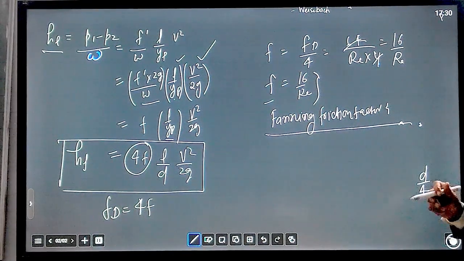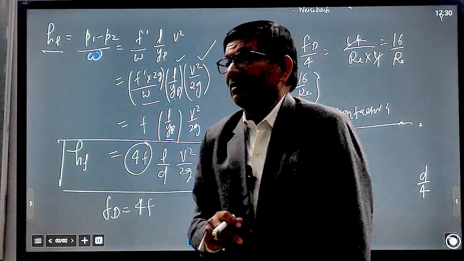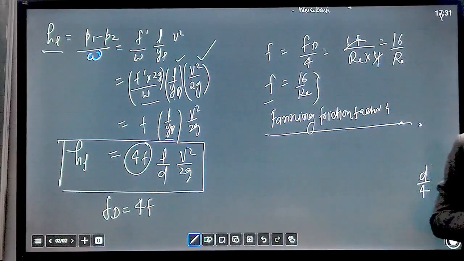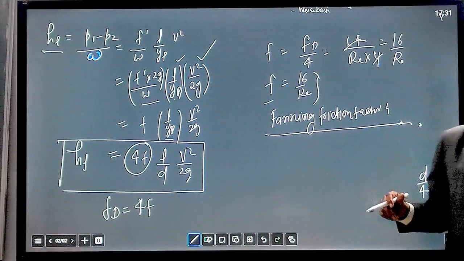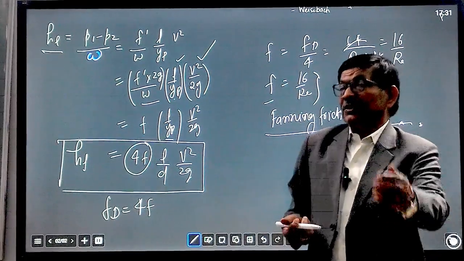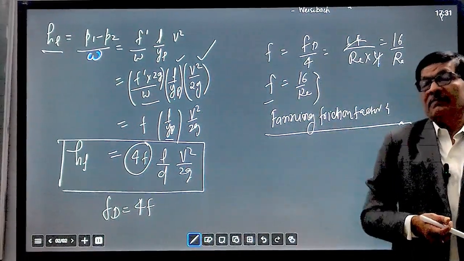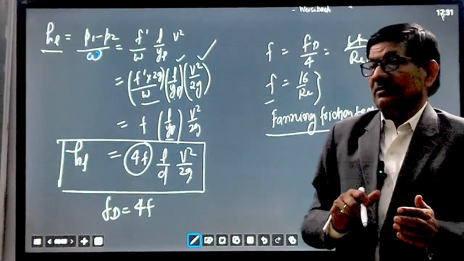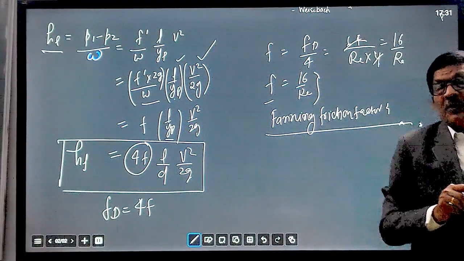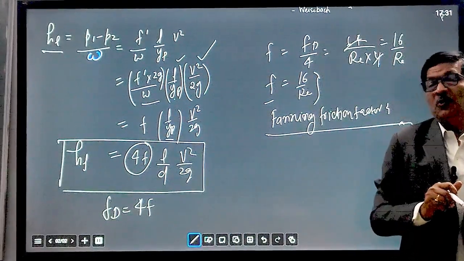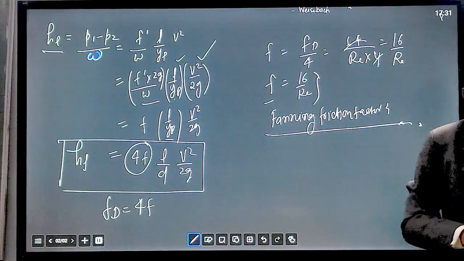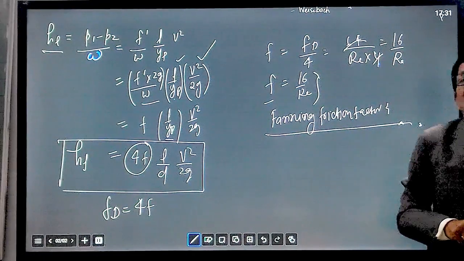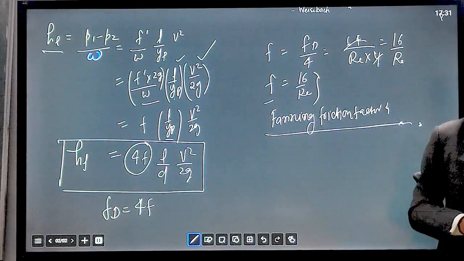So this is a very important equation for all competitive examinations, because you have to find out the frictional head loss. All engineering calculations of head loss matter, because we have to calculate the head loss for a particular distance. On that basis, we provide pumping stations, so that the fluid can be transported from one place to another at a constant discharge rate, because we have to supply crude oil to the refinery, where they refine it into different products.